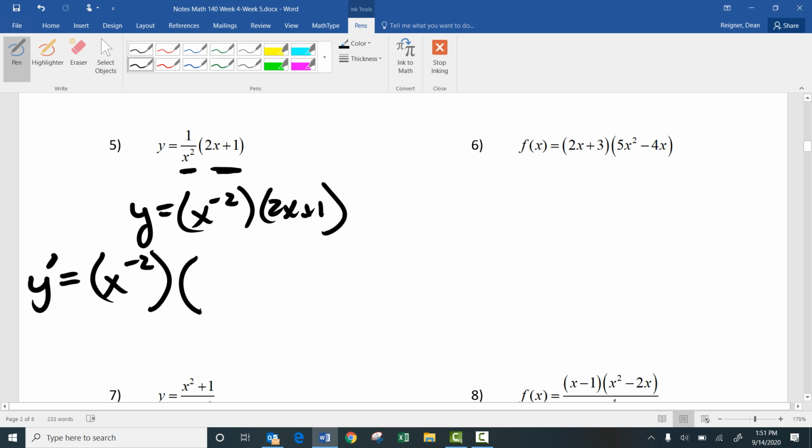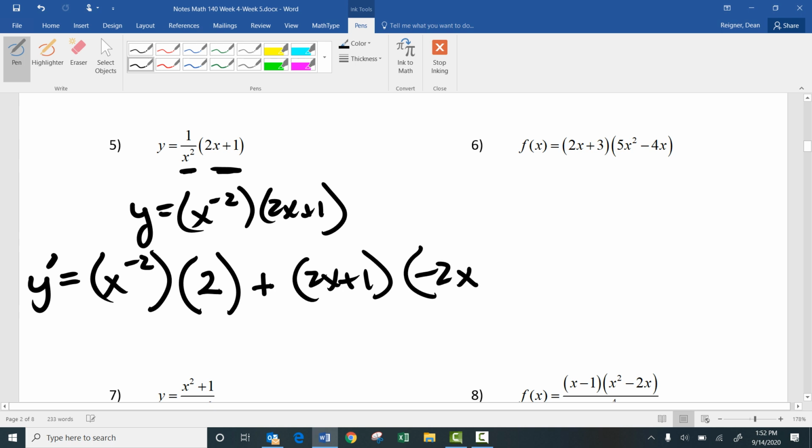So the derivative of 2x is 2. The derivative of 1 is 0. So first guy, derivative of the second guy, plus second guy, derivative of the first. The derivative of x to the -2. -2 times 1 is -2, and then you drop it by 1.